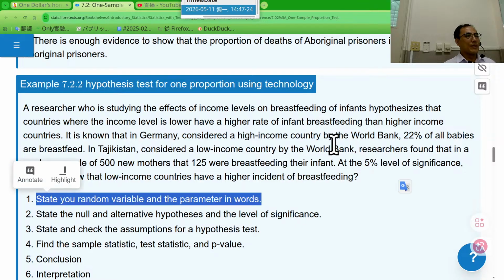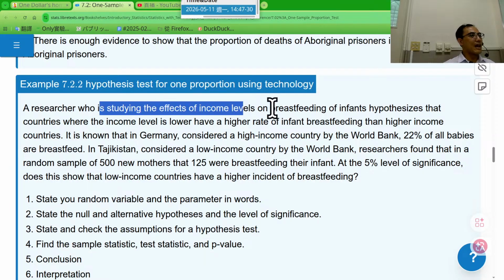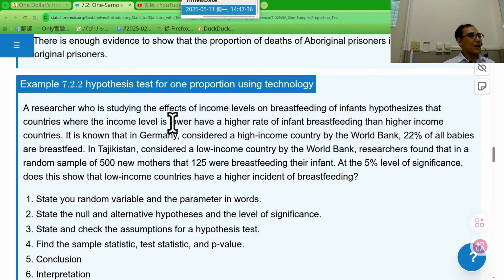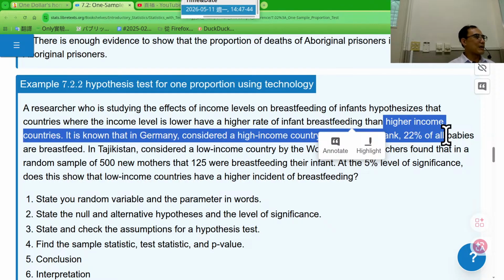Now they think income level has an effect: low income countries have a higher rate of infant breastfeeding than high income countries.